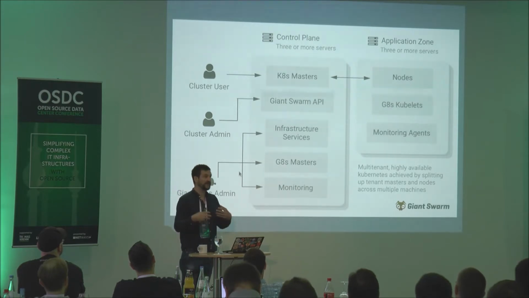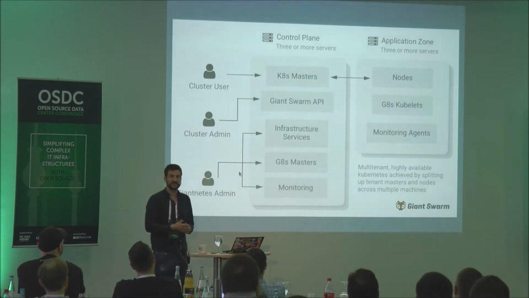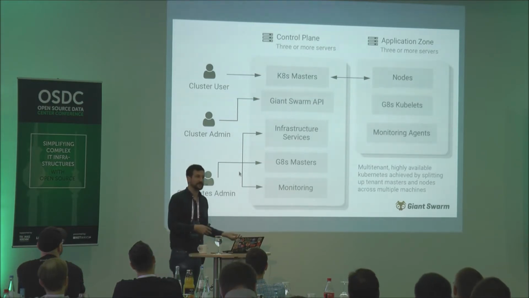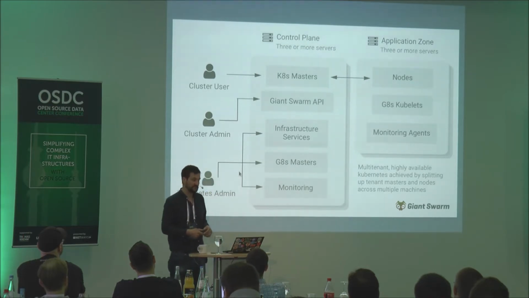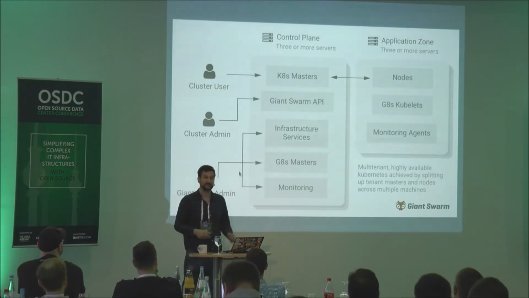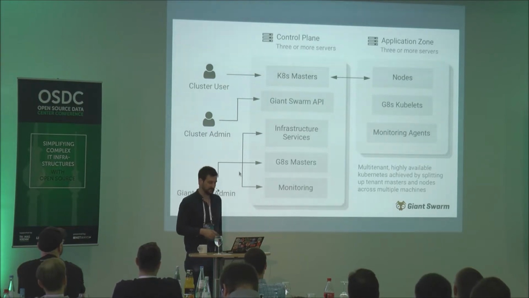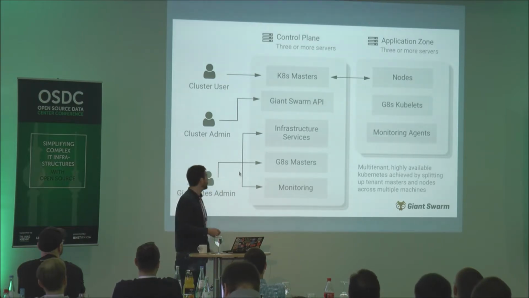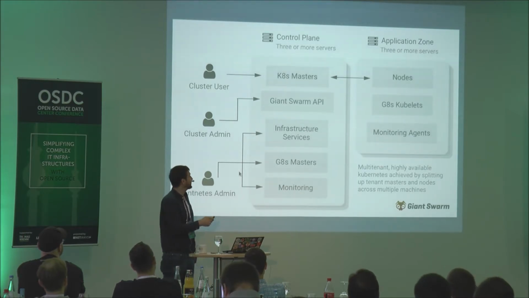So somebody creates a cluster on our system. And for instance, he can create key pairs and then hand them out to developers who want to use the cluster. And then the developer is the cluster user that actually puts stuff on the cluster, or maybe that's the build pipeline. And then next to it, you have the actual nodes running as an application zone.